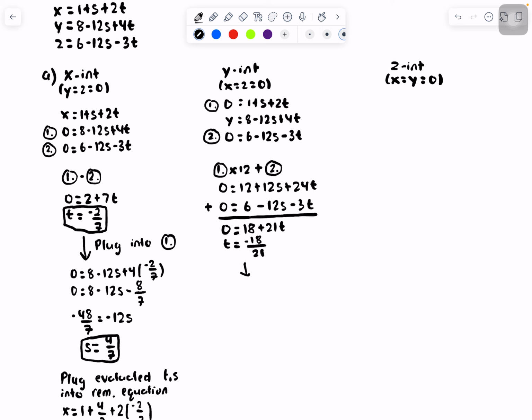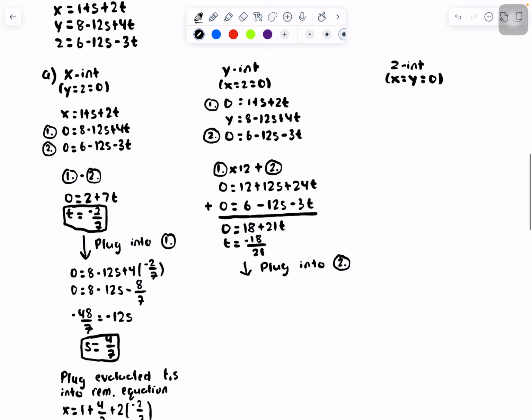Okay, let's plug this into 2, or I can also do 1, but I'll just do 2 to keep things different. It doesn't really matter. So if I plug into 2, I get 0 equals 6 minus 12s minus 3 times minus 18 over 21.